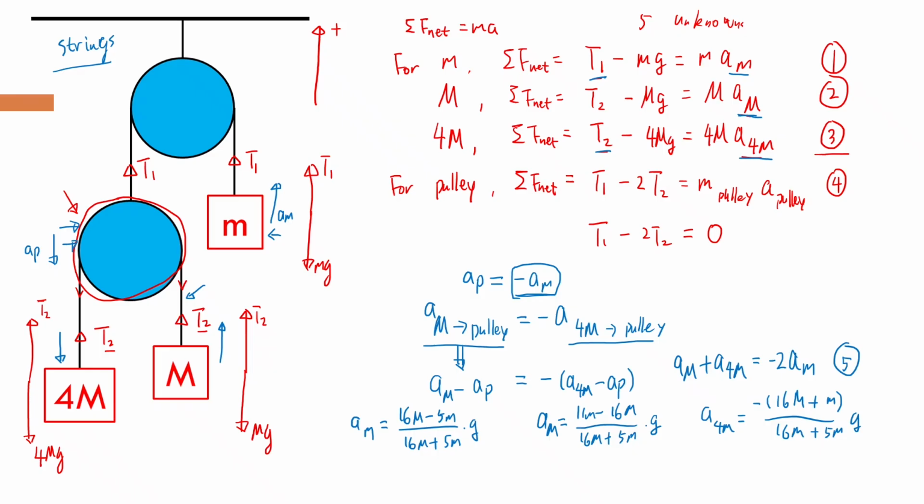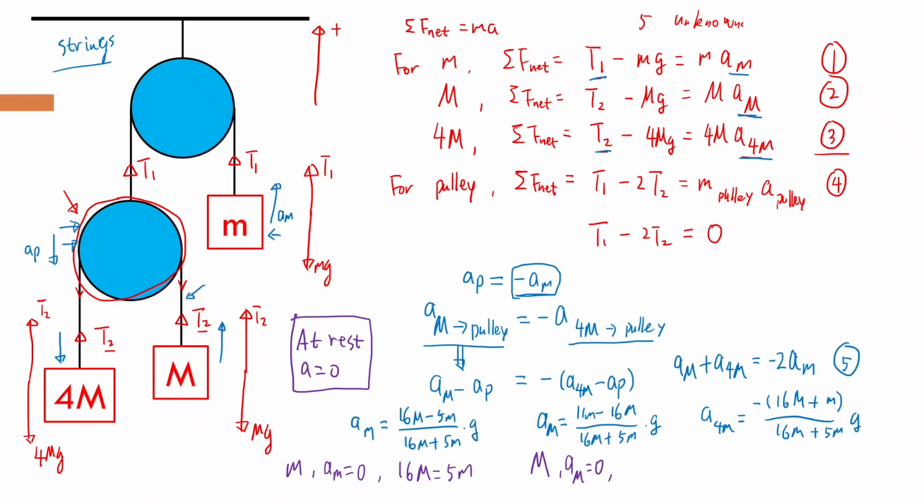If I want my block to be at rest, I just need to make sure the acceleration equals 0. Therefore, if I want the small m to be at rest, I just let a_m equal 0. In that case, 16M equals 5 times small m. And if I want M to be at rest, I just let a_M equal 0.